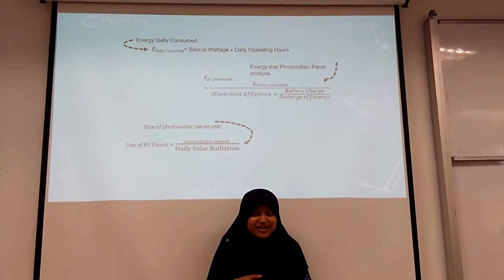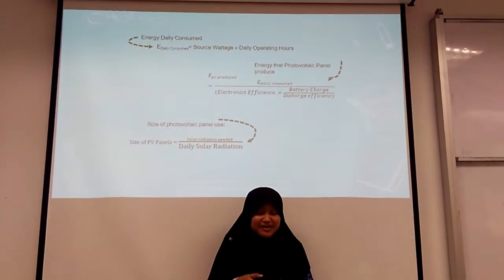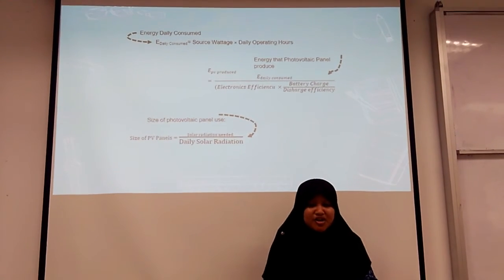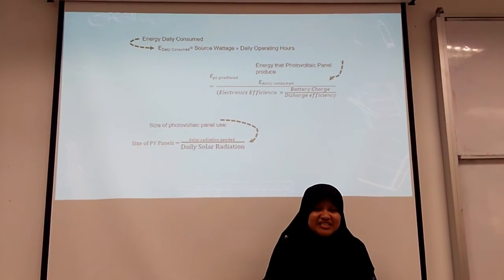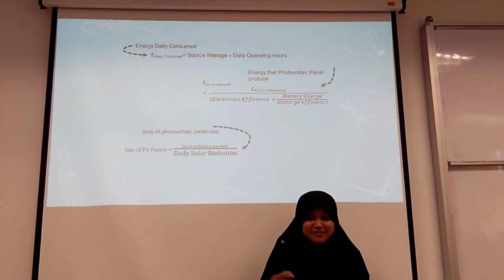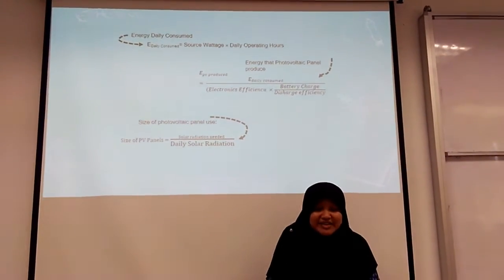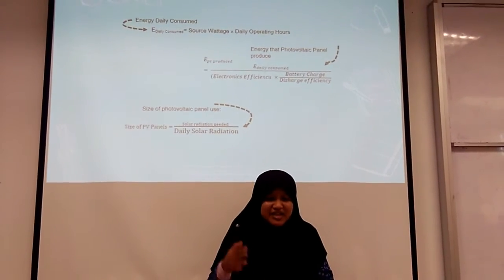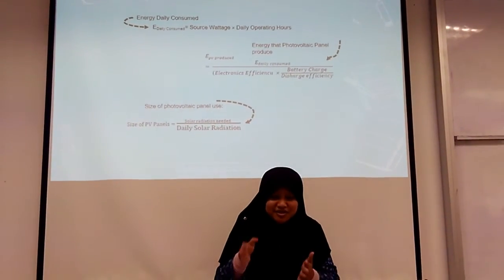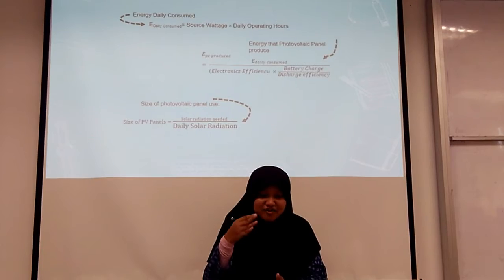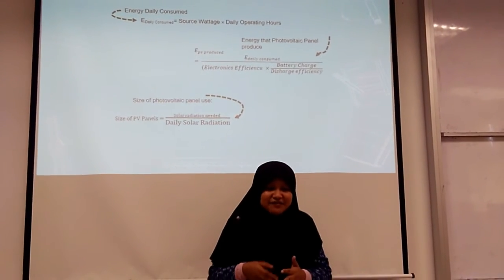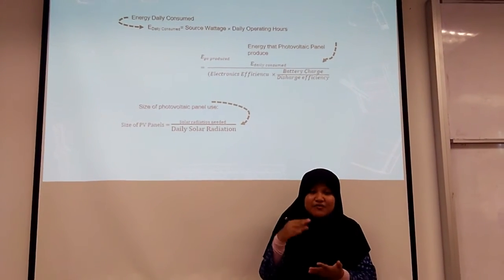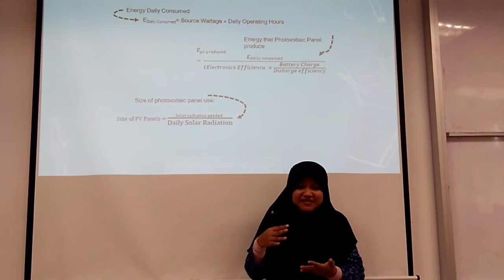To manage the power for that house, we need to know how much energy the photovoltaic panel can produce. To calculate it, energy photovoltaic produced equals energy daily consumed over electronics efficiency times battery charge over discharge efficiency.